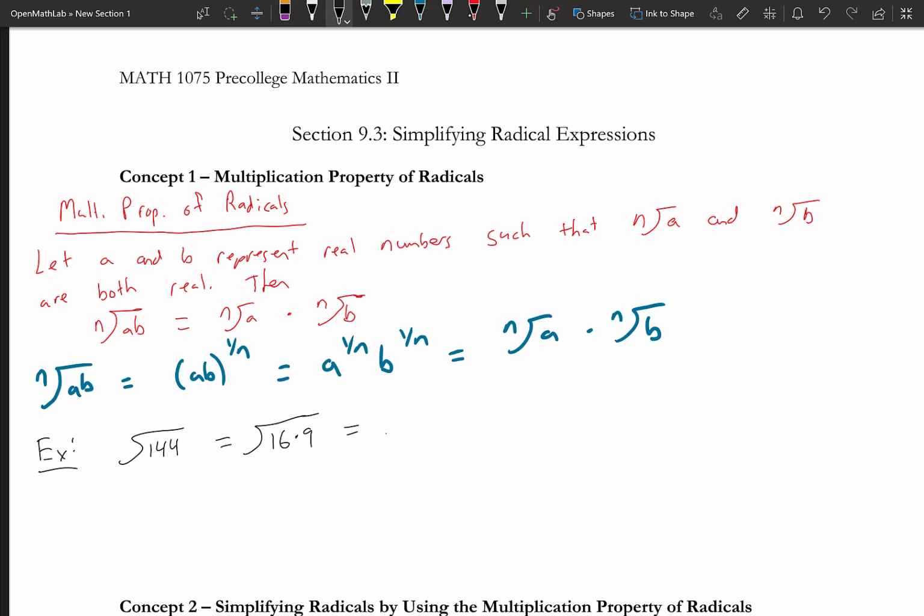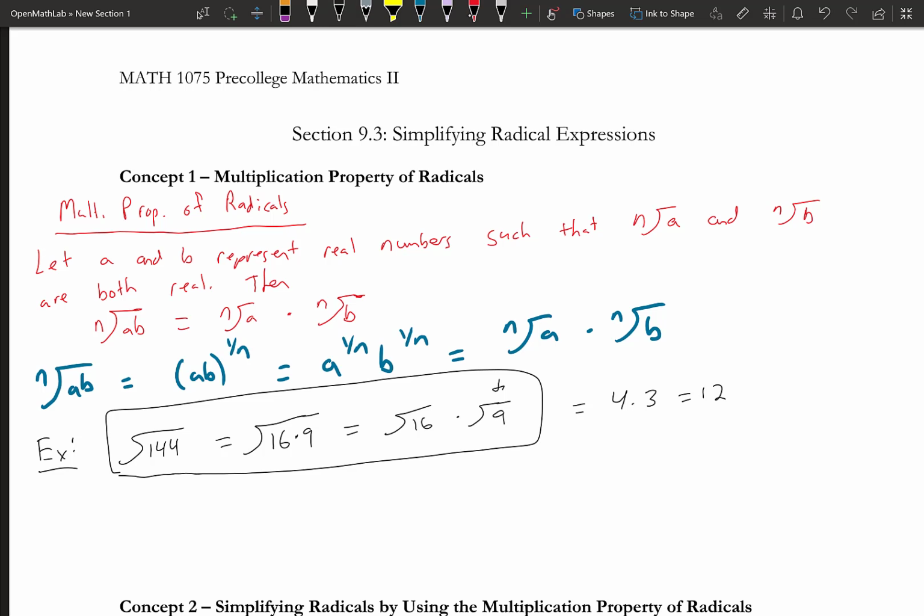So I could split those apart to be radical 16 times radical 9, and then I could find each of these, because these are both perfect squares. That would be 4 times 3, which is 12, which the square root of 144 we know is 12 also. But really we're just doing this to practice applying that multiplication property of radicals.